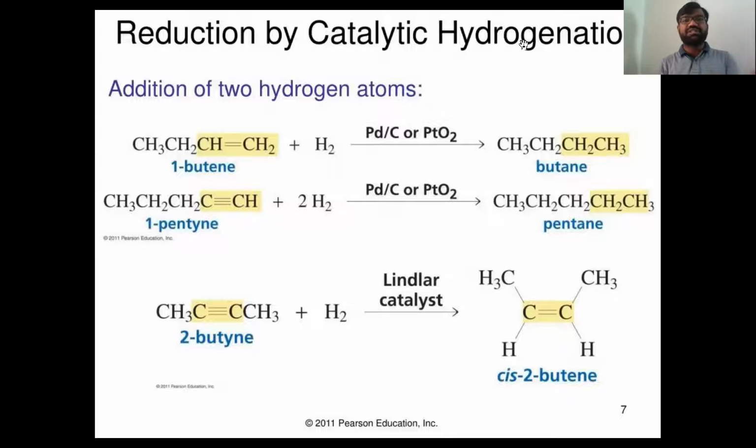Hydrogenation is addition of hydrogen; oxidation is addition of oxygen. 1-butene exists in the form of gas. Hydrogen is also a gas. So you can imagine, when a gaseous molecule reacts with a gaseous molecule, what will be the reaction vessel?